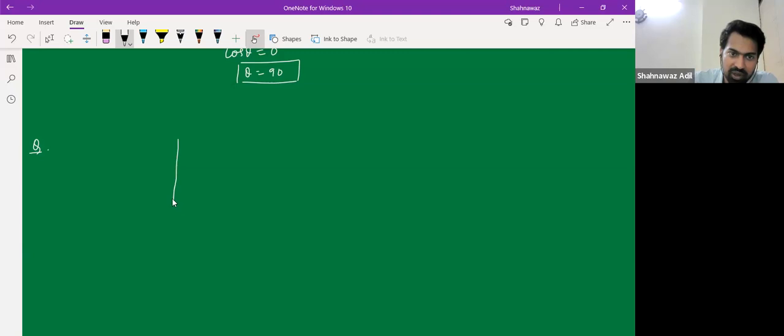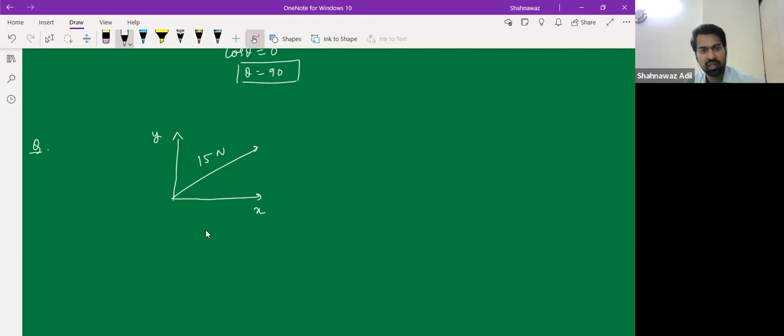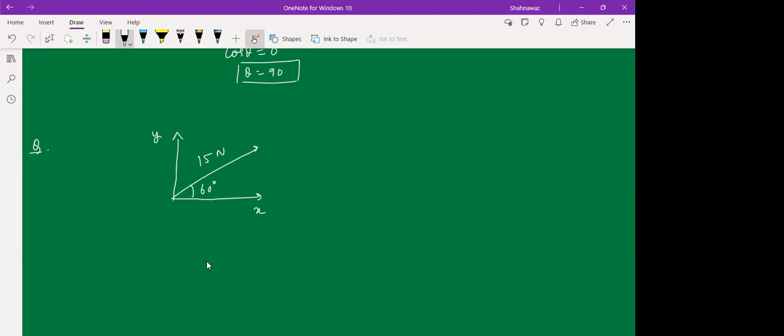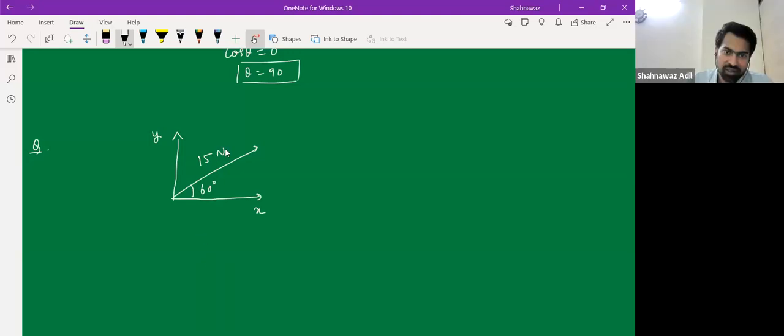Let's say this is X, this is Y. We have this 15 Newton force, and the angle is, let's say, 60 degrees. We can represent this in the Cartesian form.